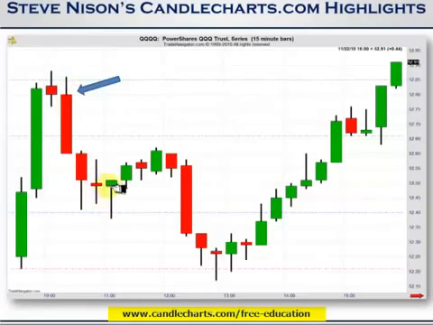We've got small body, long lower shadow. So the short position that we put on here would be covered down here, maybe even after this candle was complete. We also got long lower shadow, reasonably long lower shadow. So this market's telling us that it really doesn't want to go down through the pivot point right now. And potentially we took a trade right here after the close of the hammer.